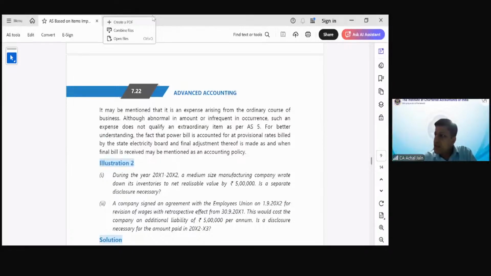Ishan says separate disclosure is required as per the accounting standard. Almas says it's an exceptional item, so disclose separately. I think the majority of you are calling this an exceptional item.